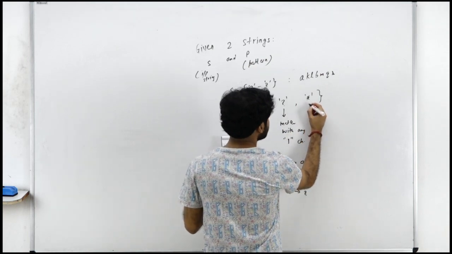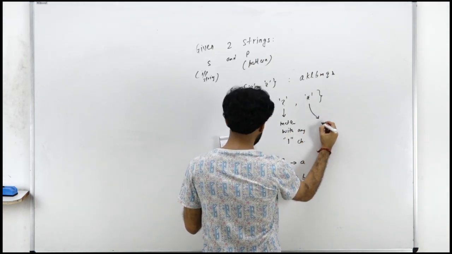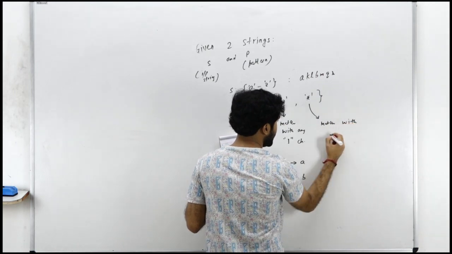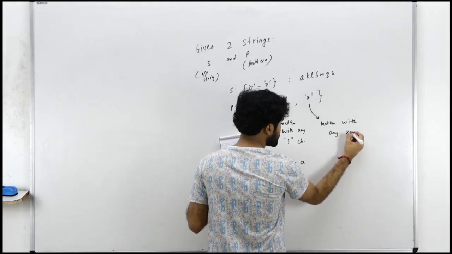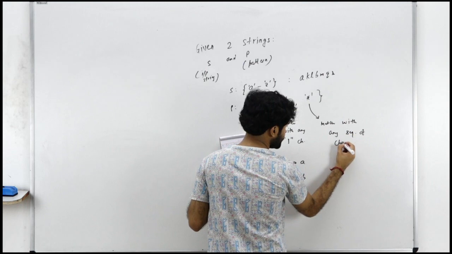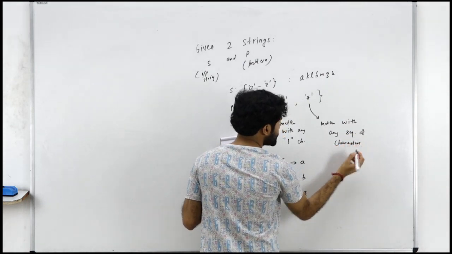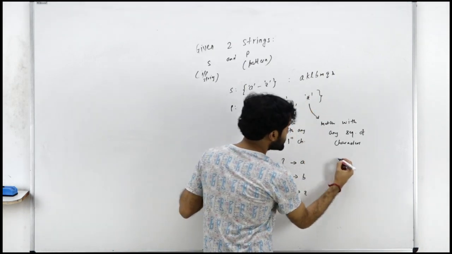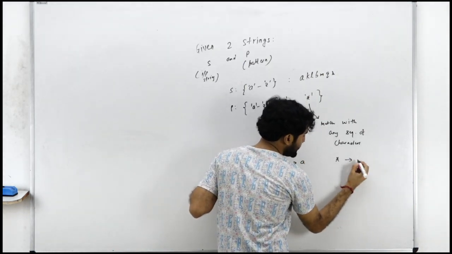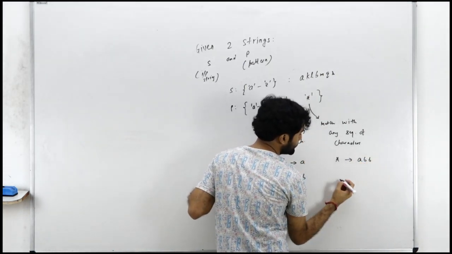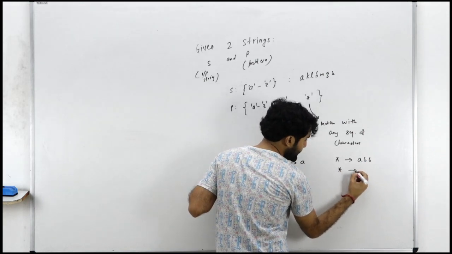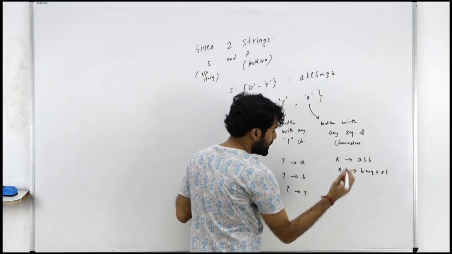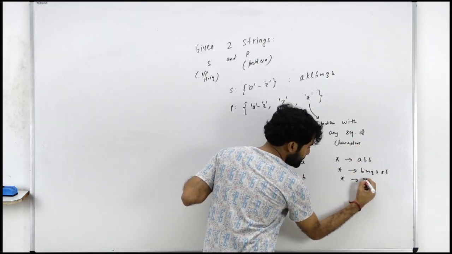Now what is the significance of this star character? This star mark can match with any sequence of characters. Okay. So it can match with any sequence of characters. By that I mean to say that the star mark can match against a sequence like A, B, B. The star mark can match against a sequence like B, M, Q, R, S, T, anything. It can match against just P also.